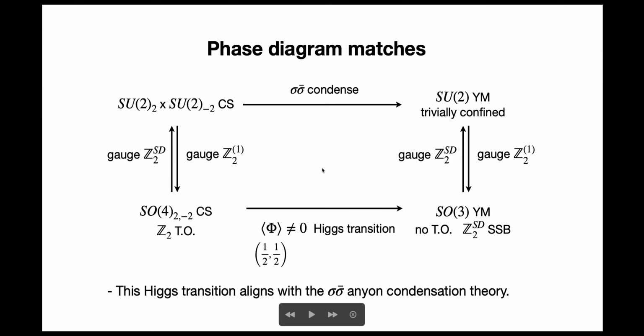And when you gauge this one-form symmetry, you just throw out all the half integral lines, and the total integral line remains the same quantum dimension. So this is an example where this Higgs transition does align with anyon condensation theory for these non-abelian anyons, which is not always the case.